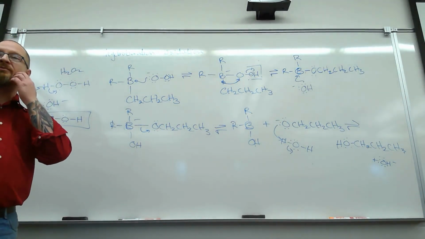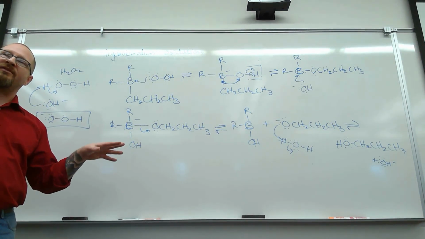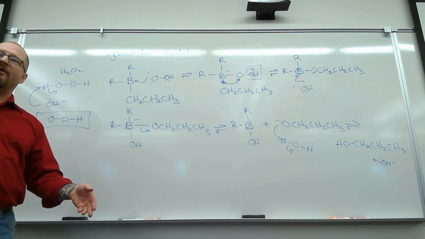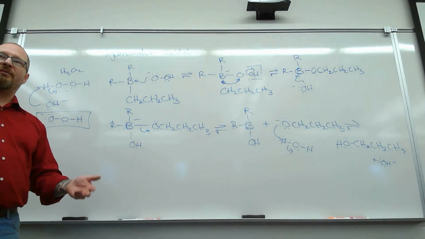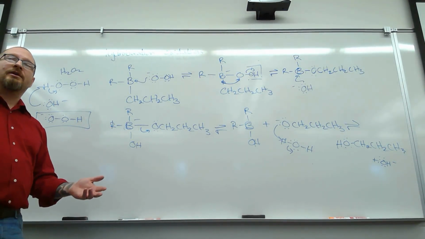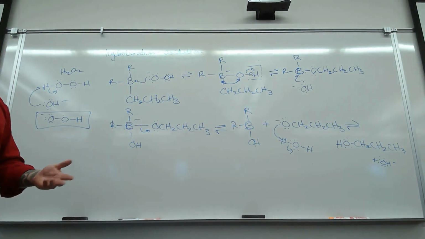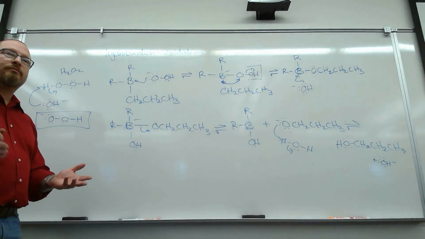So if you're trying to push these electrons not in a basic solution, forming hydroxide wouldn't be as favorable as it is in this scenario because we've made a highly basic solution. So reforming base is favorable.